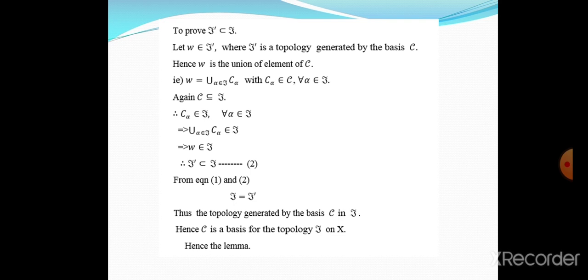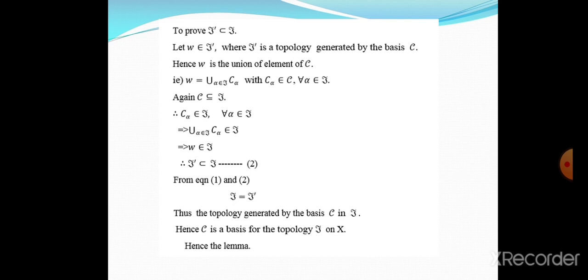Therefore, the collection of C alpha also belongs to tau. That means the union of C alpha belongs to tau. The union of C alpha equals W. So that implies W also belongs to tau. Therefore, tau dash is a subset of tau. So this is the second equation.